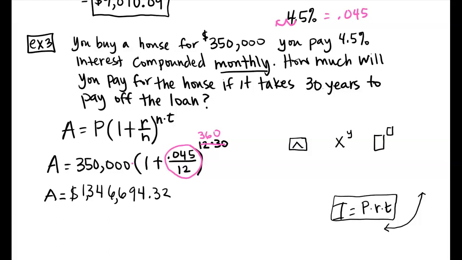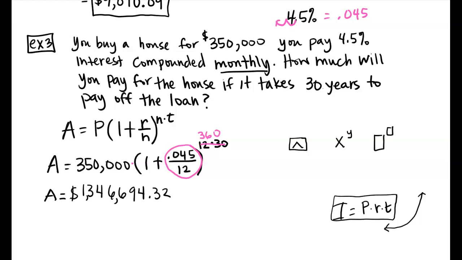And that's why compound interest over time, the more time there is, the faster that's going to go up. That's why a lot of people will try and do a 15-year loan instead, because it decreases this by quite a bit. It's not by half, but it decreases it. Isn't that crazy?